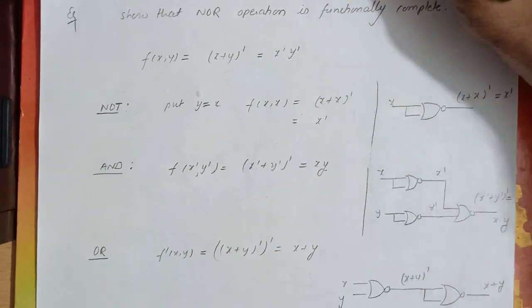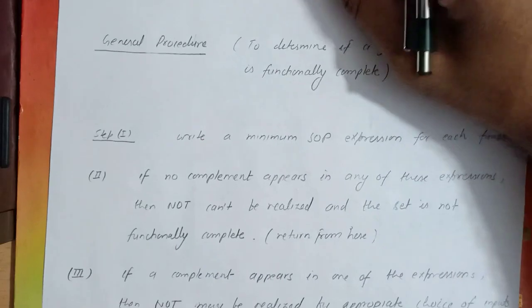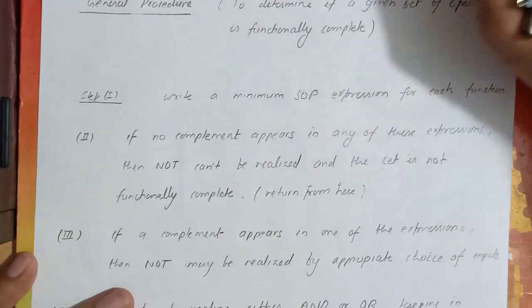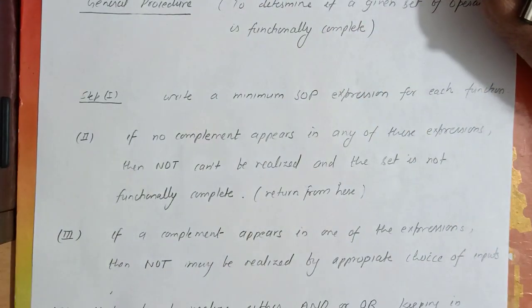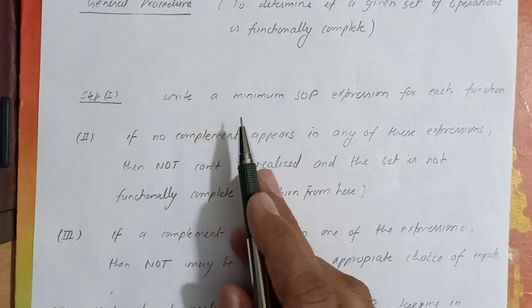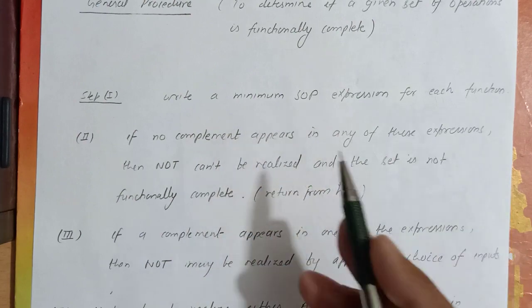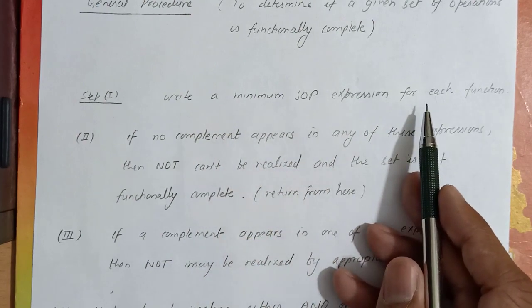Okay, so basically what will be the general strategy? The general procedure to prove that any operation or set of operations is functionally complete: firstly, we will write the given operation, if only one operation is given, or the set of operations, in SOP expression.